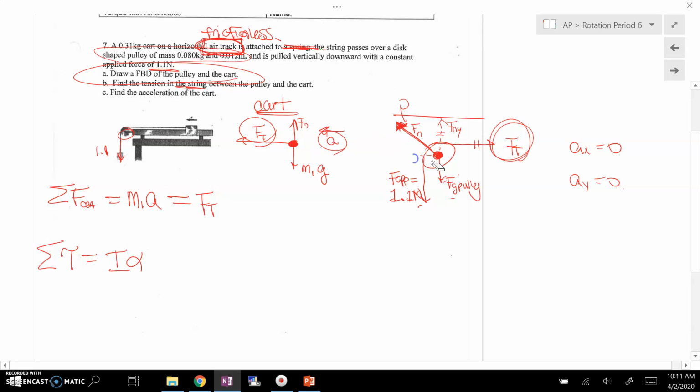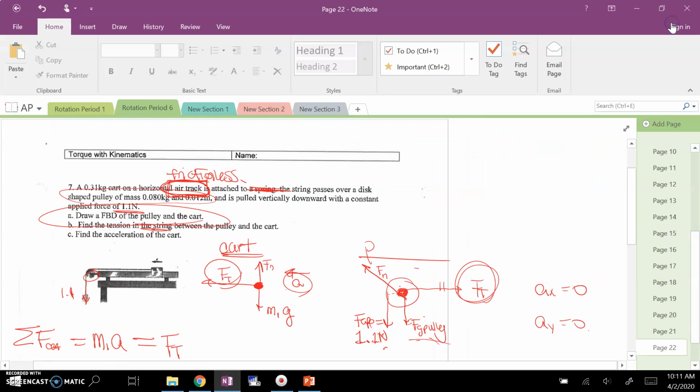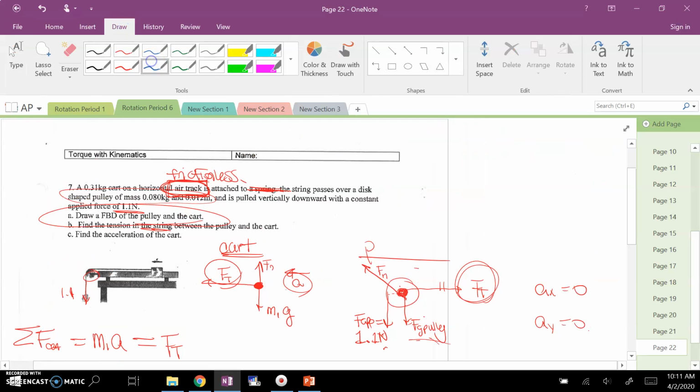I'm going to erase my components of my normal force here. I have to redraw this. Okay. So the normal force doesn't cause a torque because it's coming from the center. The force of gravity doesn't cause a torque because it's coming from the center. So the only two forces that are causing the torque are the applied force and the tension.